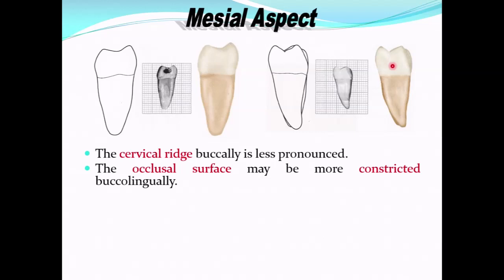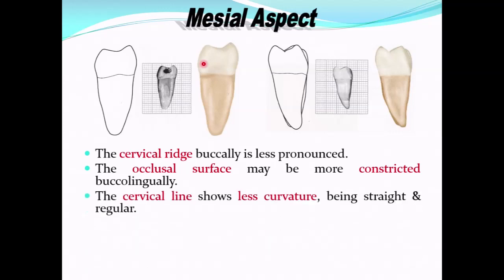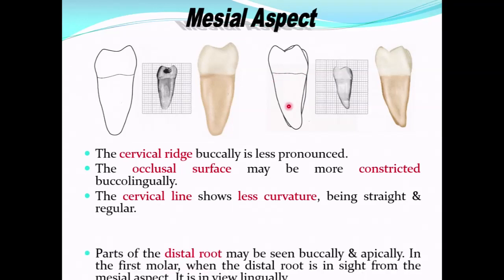If I compare the second with the first, I will say that the occlusal surface may be more constricted buccally than that of the mandibular first molar. Look at the cervical line: it shows less curvature. Here more curvature, here less curvature, nearly straight and more regular.